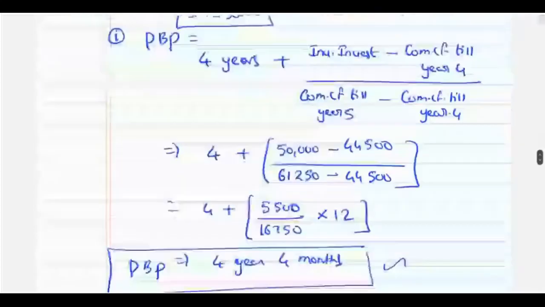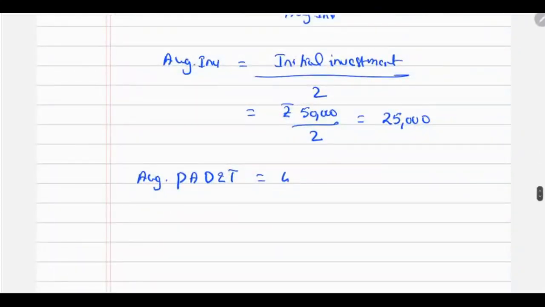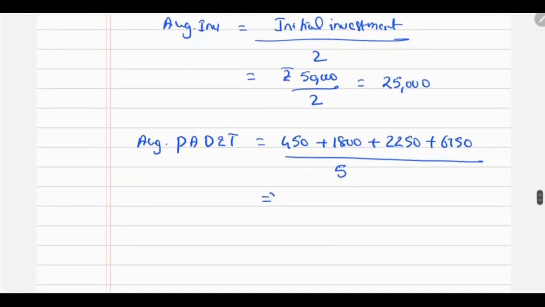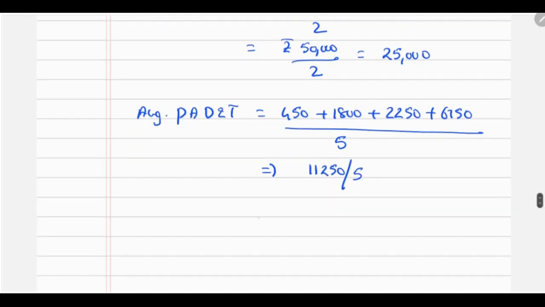So you have 450 plus 1800 plus 2250 plus 6750. Divide by number of years, which is 5 years. Once I do that, I'm getting a value of 11250 divided by 5. So now I'm getting the average profit after depreciation and tax of around 2250.